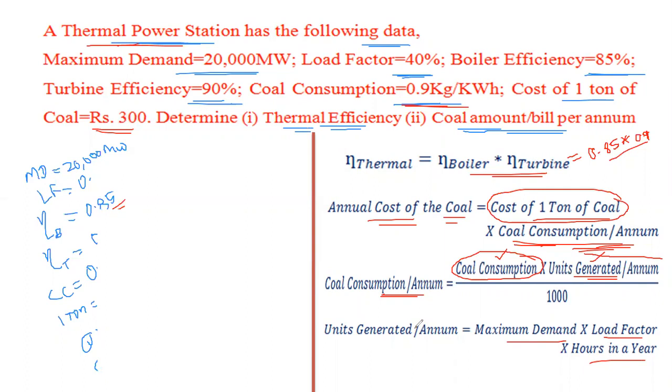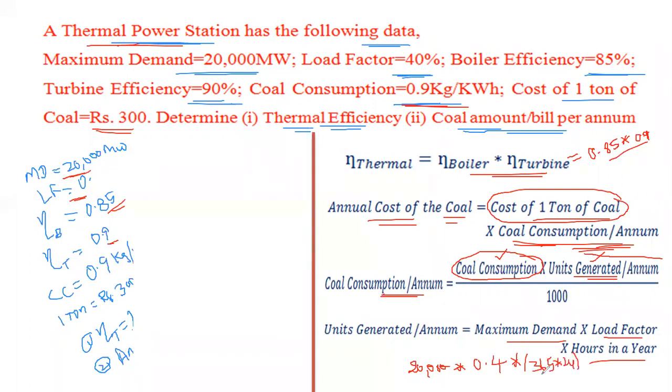Now the maximum demand in the problem is how much? 20,000 megawatt, into load factor, how much? 40%, that is 0.4, into hours in a year. Per year 365 days, per day 24 hours.